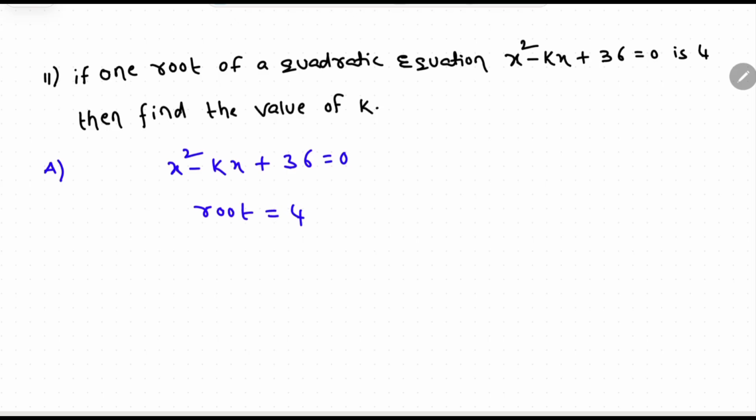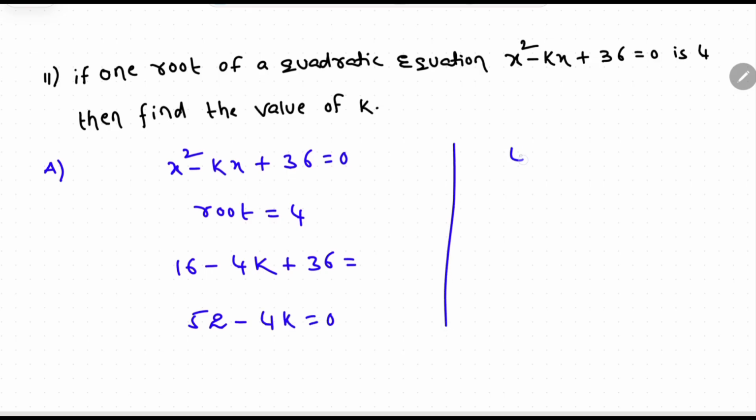On substitution of 4 here, 4 power 2 is 16 minus 4k plus 36 equals 0. So 36 plus 16 is 52, minus 4k is equal to 0. Therefore, on transposing, 4k is equal to 52. So k is equal to 52 by 4. So k value will be 13.